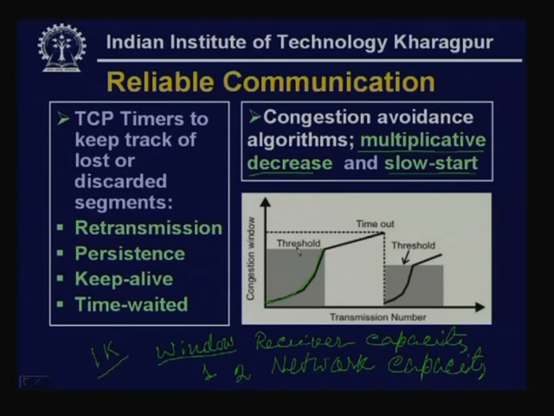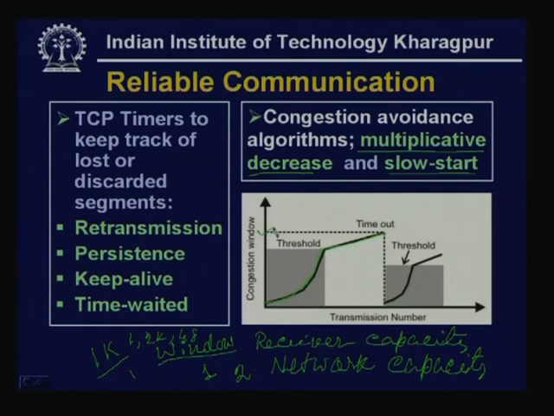There is a threshold decided by the congestion window, and after that threshold it increases linearly, that is, incremented by 1K at a time. Whenever a timeout occurs, this threshold is halved.